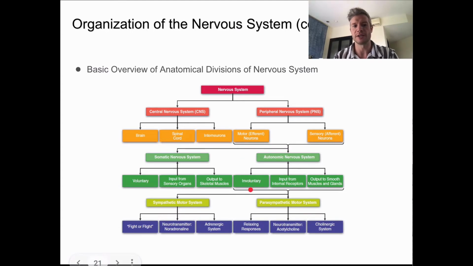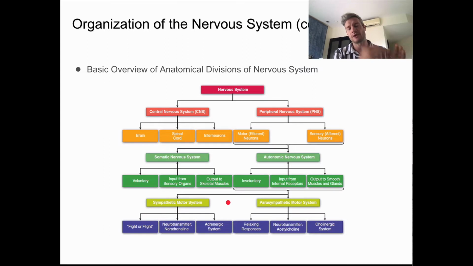Autonomic, involuntary. Okay, and we have two more further subdivisions of the autonomic nervous system, which is the sympathetic and the parasympathetic motor systems. Okay, so what is the difference between these? Well, it's a scale of the two responses that our bodies can produce to different situations.